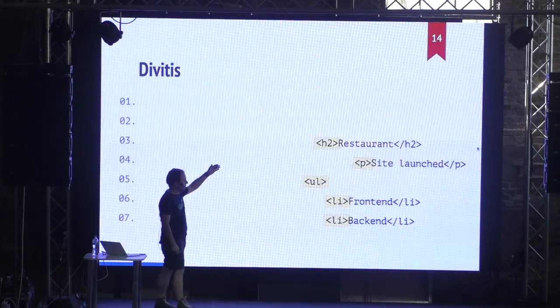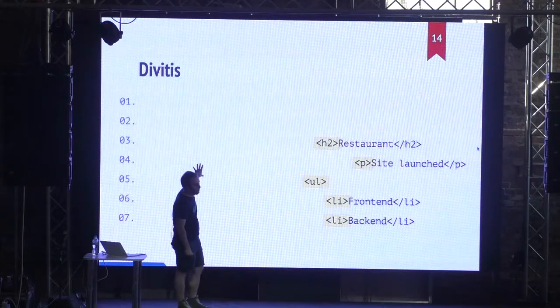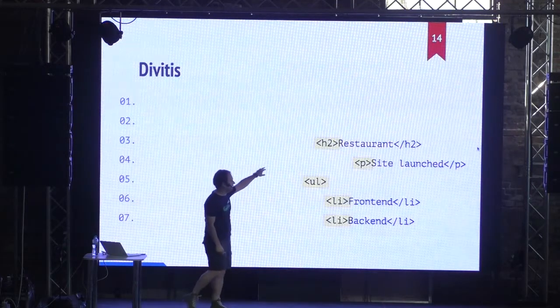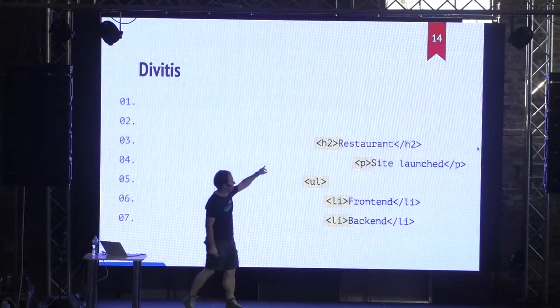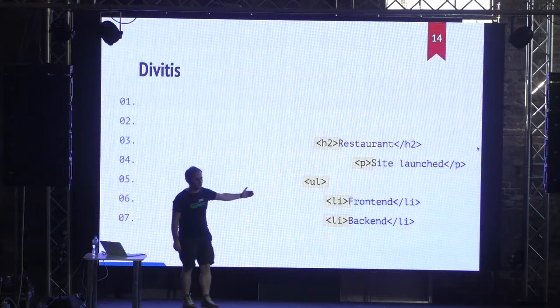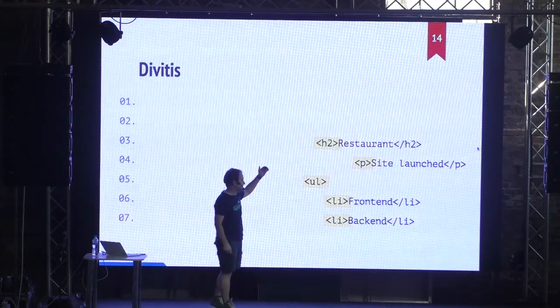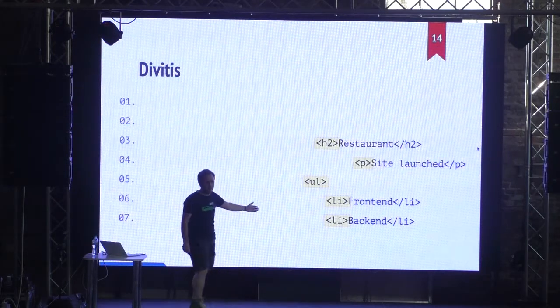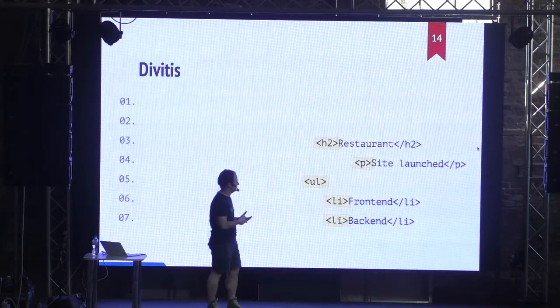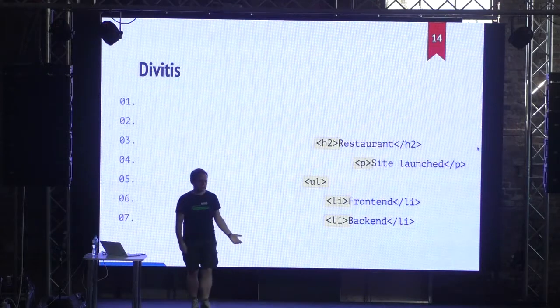This is a portfolio of a web studio, and they made a site for a restaurant. What they did for the restaurant, they launched a site, and there's a list of things that they did for them. They did something on front end, they did something on back end. It all started to mean something once we added meaningful tags.